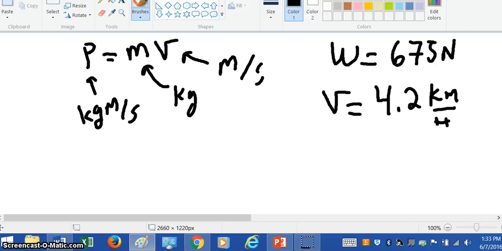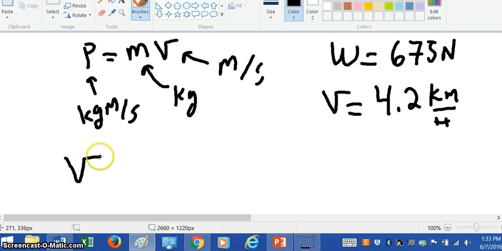What we can do with that, of course, is we know that the weight is related to the mass as long as it's something on Earth. So, this is like some person weighs 675 newtons and is moving at 4.2 kilometers per hour. Anyhow, let's work on the velocity first.